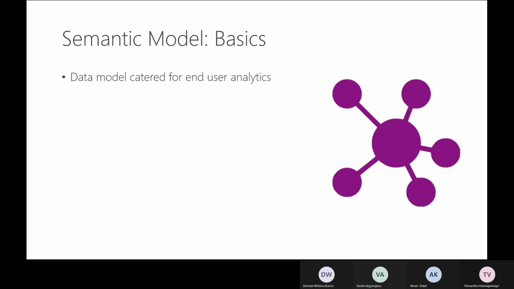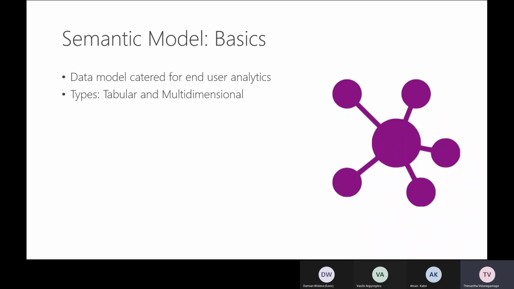So a semantic model is simply a data model, or a model that's catering for end user analytics. End user analytics means it would cater to the analytical purposes of the users in an organization or company who engage in data-driven decision making.